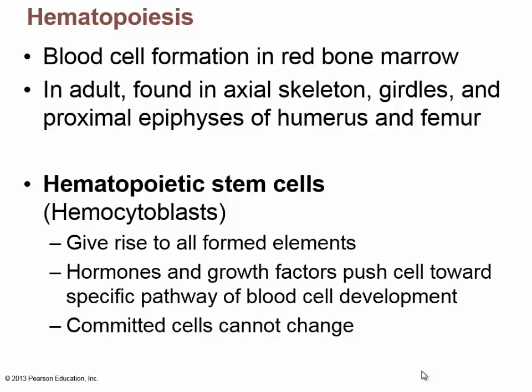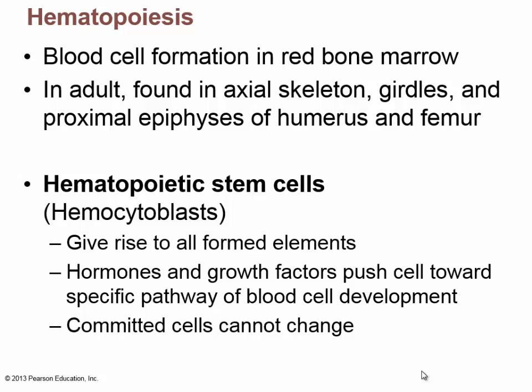Based on hemocytoblast, what does it mean? Making blood cells. Blasts are builders. Hemo means blood. Cyto means cells. It's building blood cells. A lot of these things, if you know the word parts, it tells you what it does. So a hemocytoblast or hematopoietic stem cell, they are the blood-making cells.